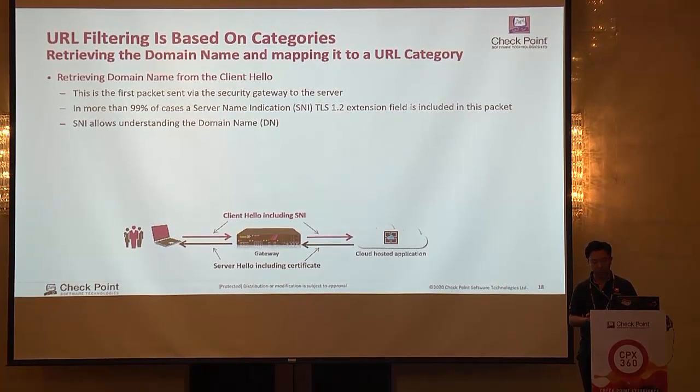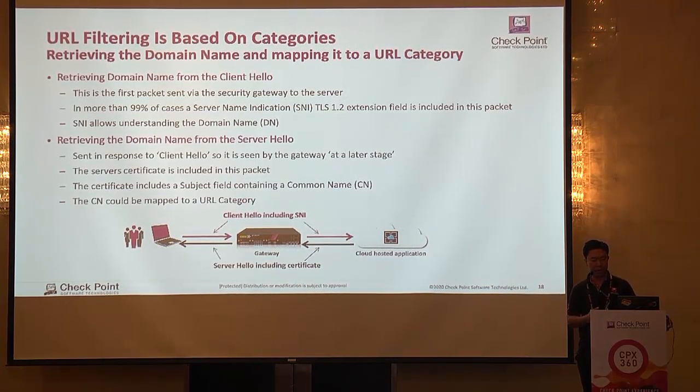With this field, first we can match where the client wants to access, like Facebook or some other web applications. Then after we receive the domain name from the server hello, by looking at the common name field or other subject fields, we start matching the client hello and server hello, to make sure that the destination the client wants to access matches that from the server side, okay?